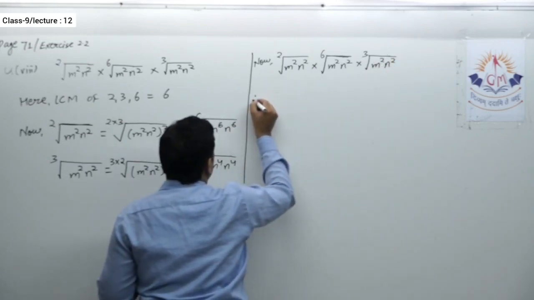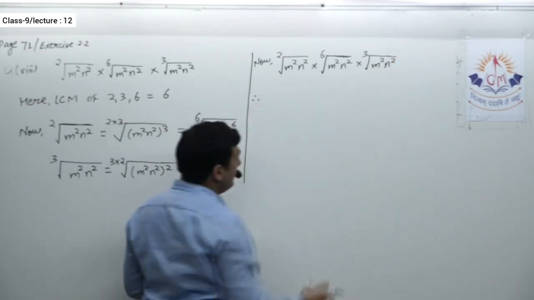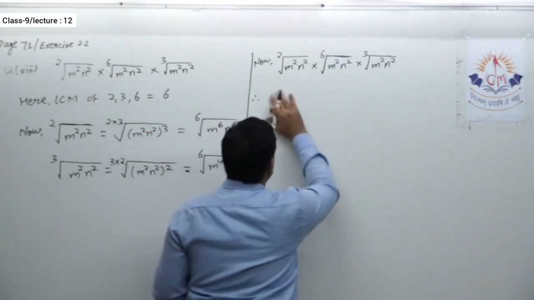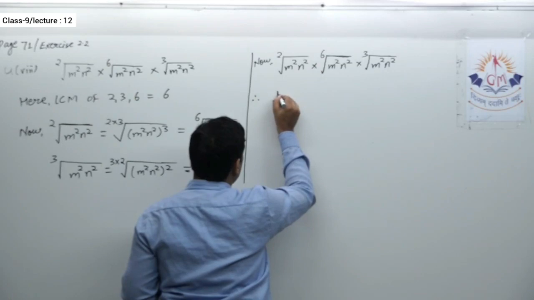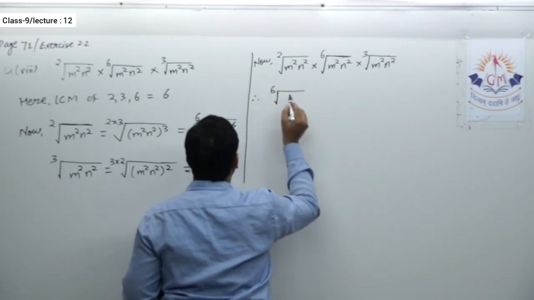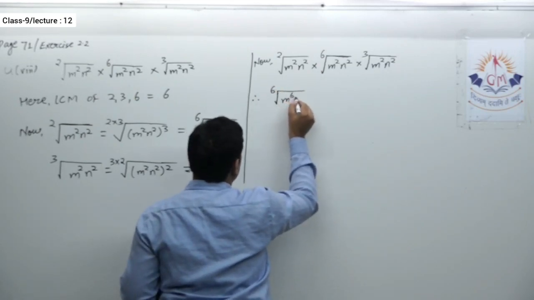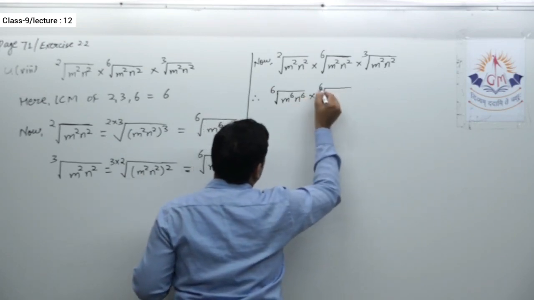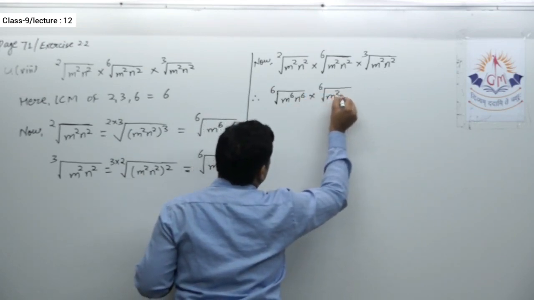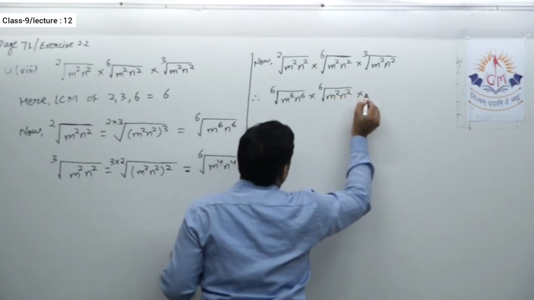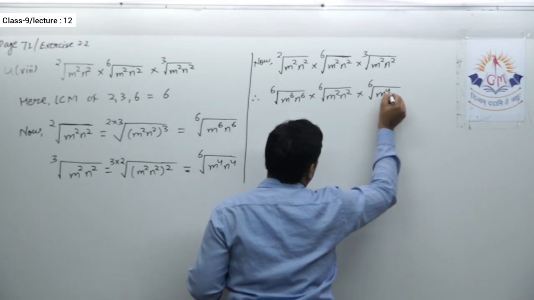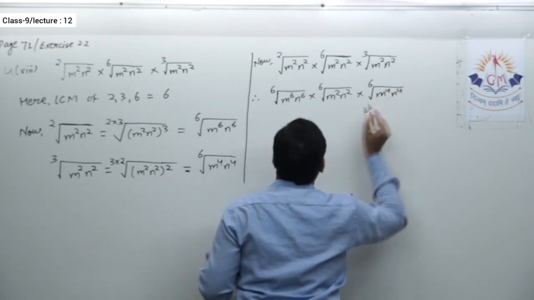So these three terms are in their original form. Now I'll write equivalent surds, that means in which the order will be same. So here it will be 6, so in that case m raised to 6 n raised to 6, and this already has the order 6, so I keep it as it is. And over here when I write the order 6, this will become m raised to 4 n raised to 4.